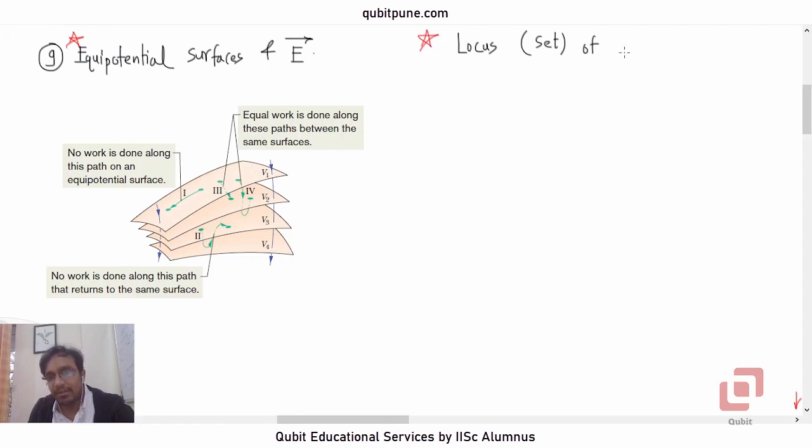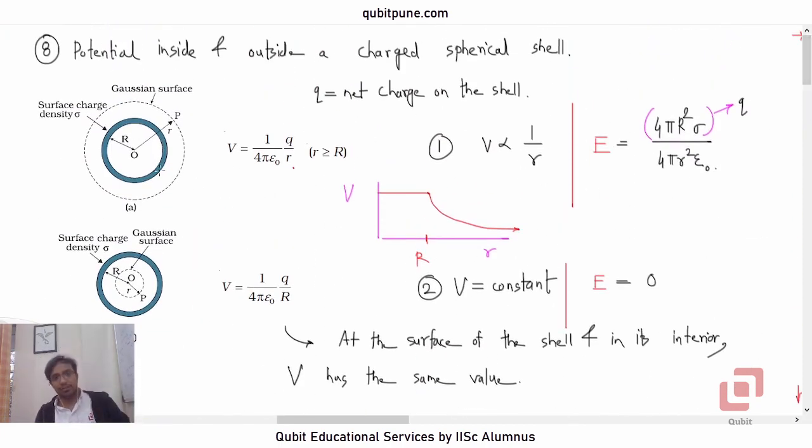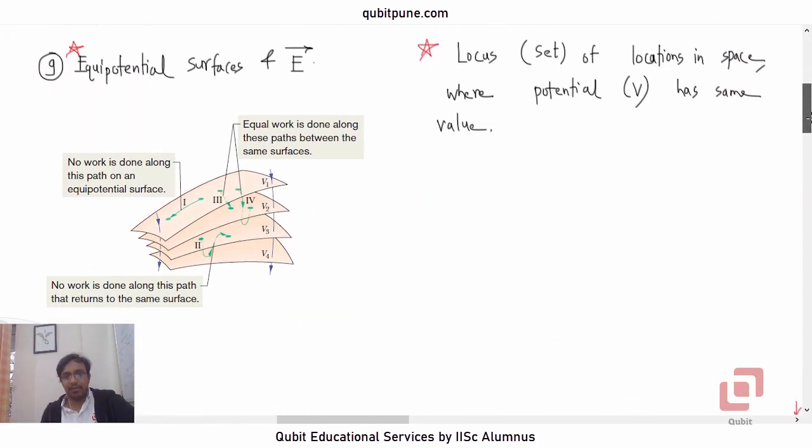You can understand it as a locus of locations in space where electric potential V has the same value. In the case of this particular geometry, the equipotential surfaces are spheres of radius r, because everywhere the potential is the same due to symmetry. So that is an example of an equipotential surface.